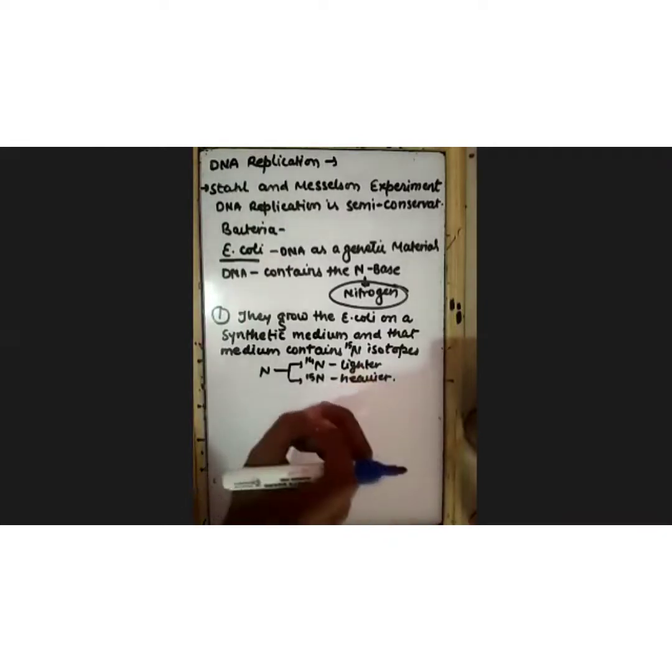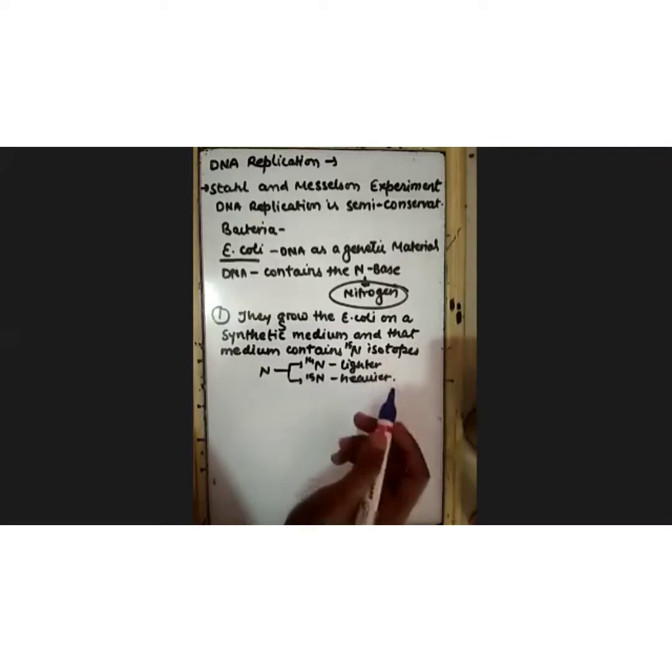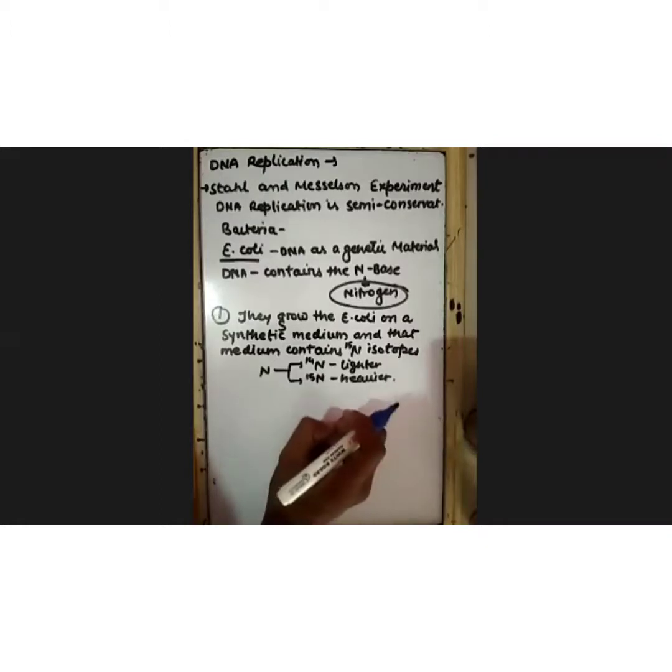So first they grew the E. coli on the synthetic medium which contains the N15 isotope, and you know that to synthesize or replicate the DNA, we need the nitrogen bases because nucleotides contain nitrogen bases.